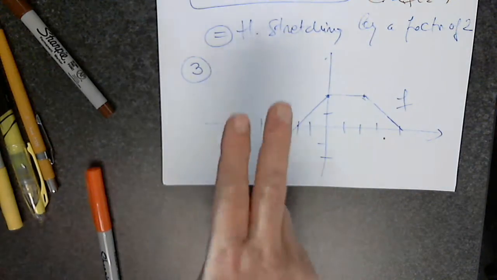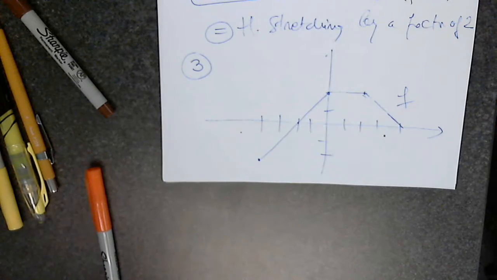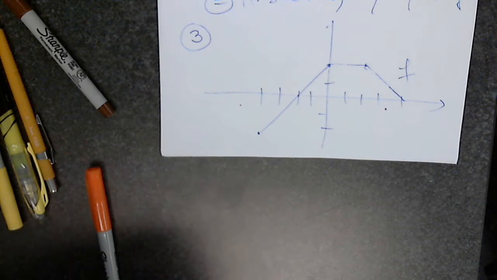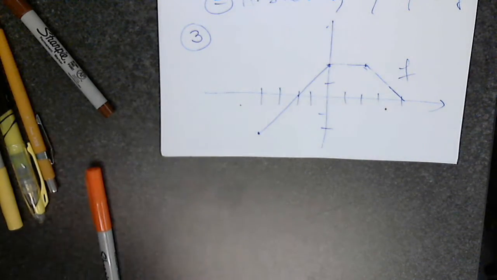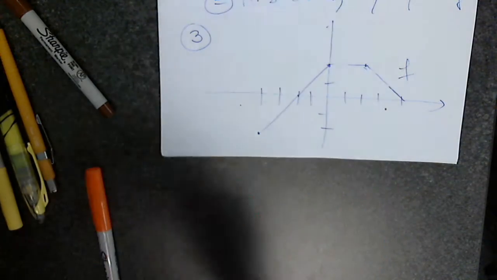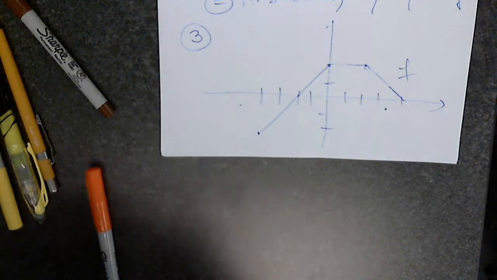Now they want us to graph 1/2 f of 2x. What do I have to do first? Right, the f of 2x. What does that mean? This is the only one that is opposite. Everything else is straightforward. So here I'm told to multiply x by 2, but what am I really doing?